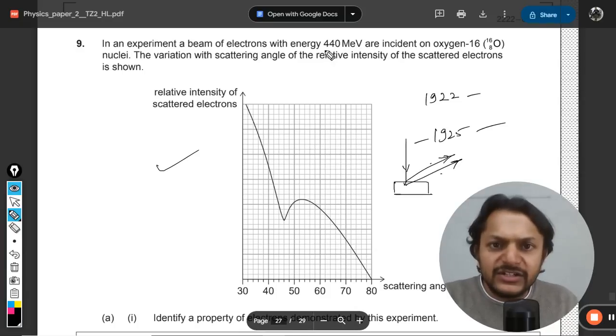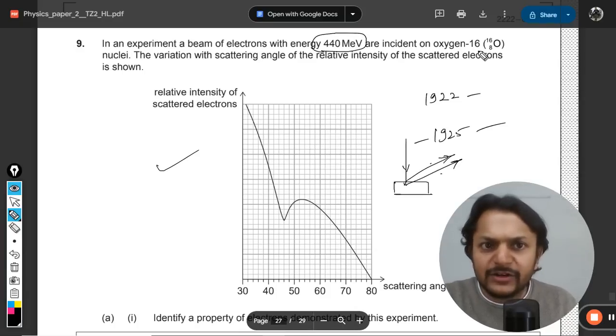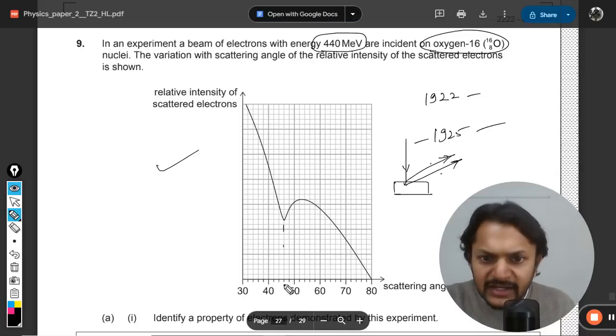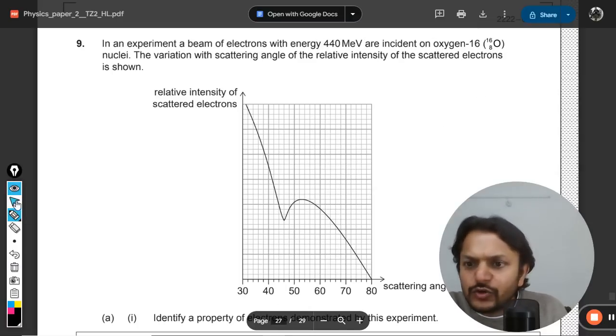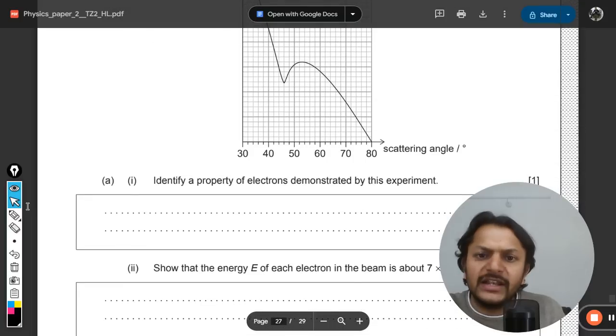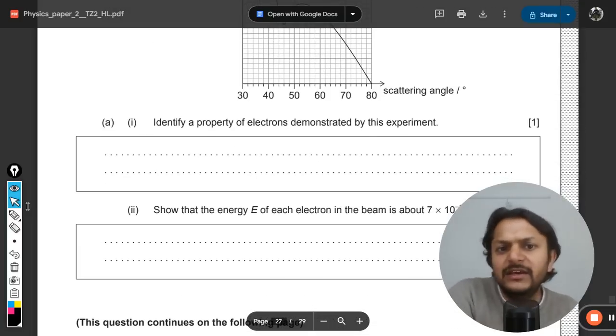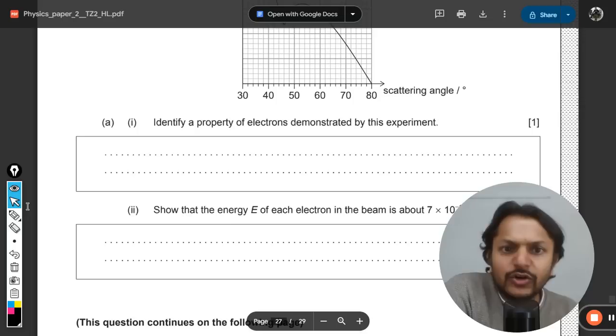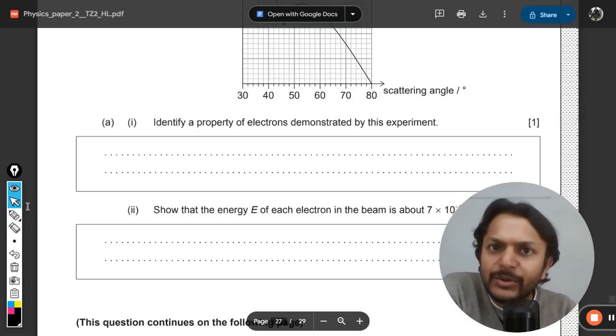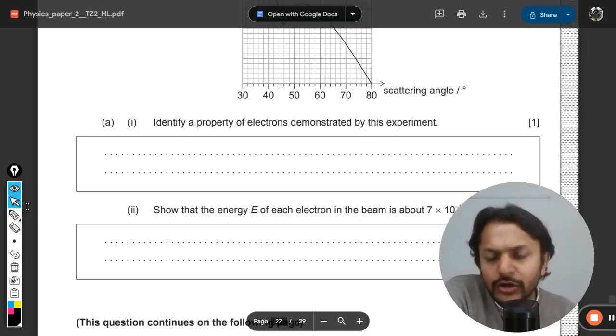Now the kinetic energy is given as 440 mega electron volt, and oxygen atom is also there. So the first question is identify the property of the electrons demonstrated by this experiment. So clearly it is the wave properties of electrons or matter.